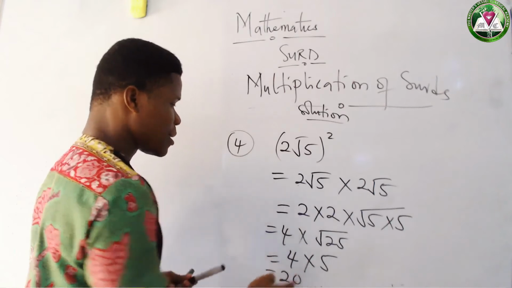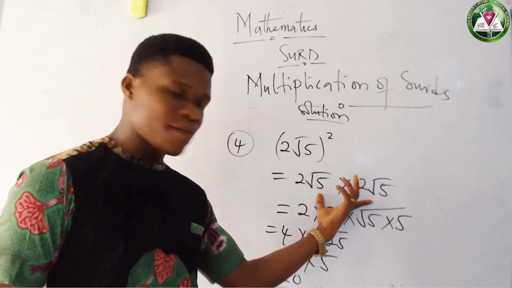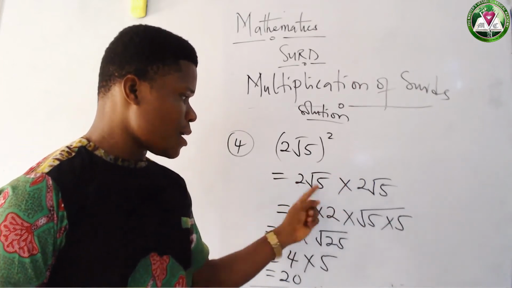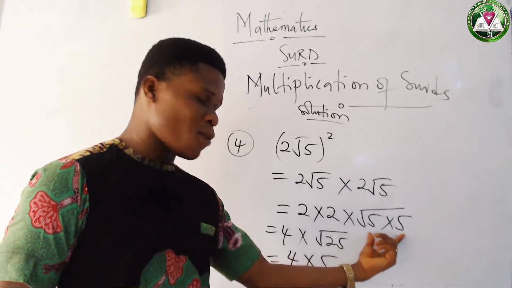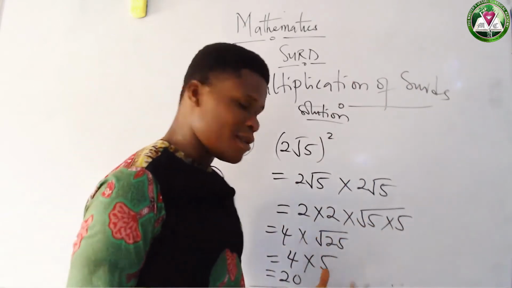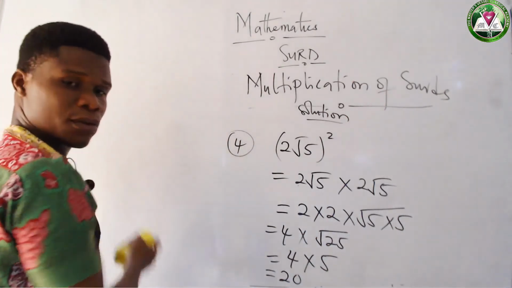So you can see that 2 root 5 raised to power 2 means it will multiply itself. Collect the whole numbers, 2 times 2, and then root 5 times root 5 is in 1 root. So 2 times 2 is 4, this will give us root 25. Finally, we have 4 times 5, which is 20.